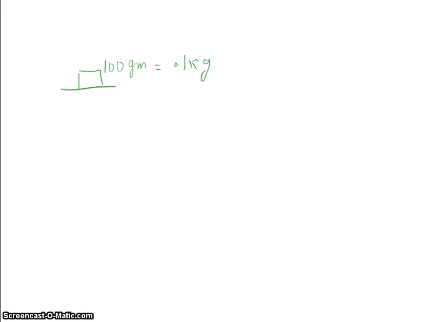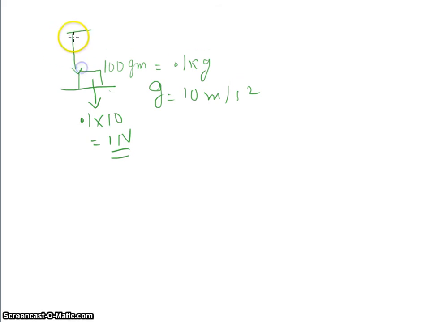If you assume that g is equal to 10 meters per second squared, the net force that gets applied is 0.1 into 10, which is equal to 1 Newton. So it's a 100-gram object. Now I want to lift this from down to a point which is 1 meter.